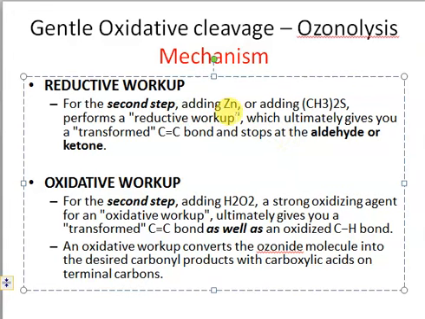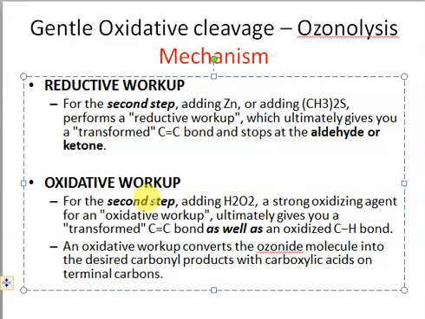However, in case you don't use zinc or dimethyl sulfide, and instead you use hydrogen peroxide, this workup is called oxidative workup. In the case of oxidative workup, if the carbonyl compound is an aldehyde, it will be converted into a carboxylic acid.